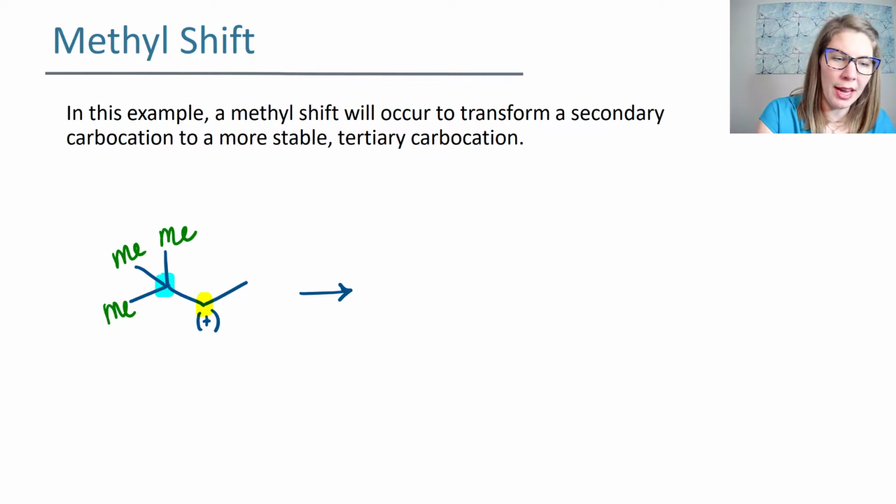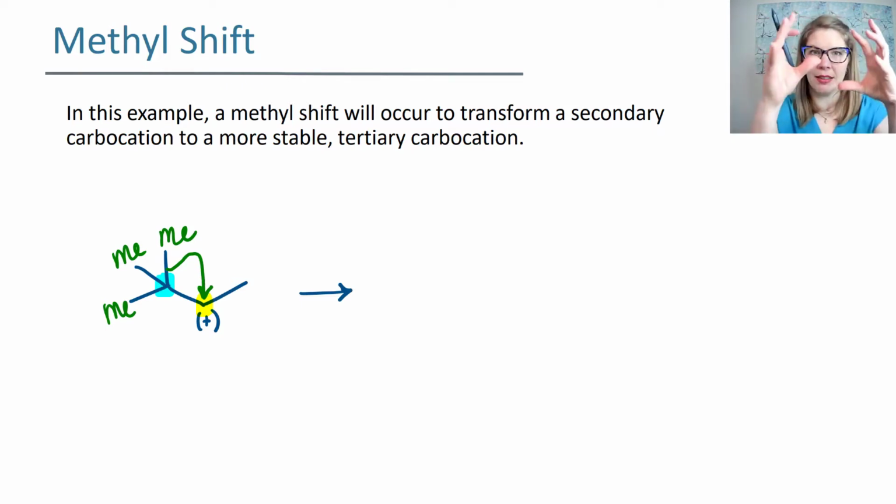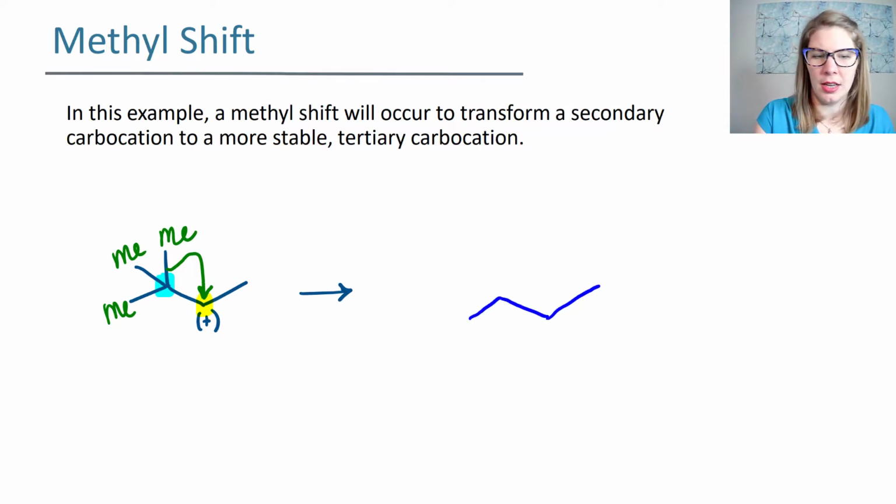What we would do is we draw the line from just one of the methyls. They're all the same in this case, so it doesn't matter which one we use. So we start at the middle of the bond and we point to the carbon where the positive charge is. Right, so we're taking the methyl, the CH3 plus its electrons, and we're putting it in a new location. And the new location is here.